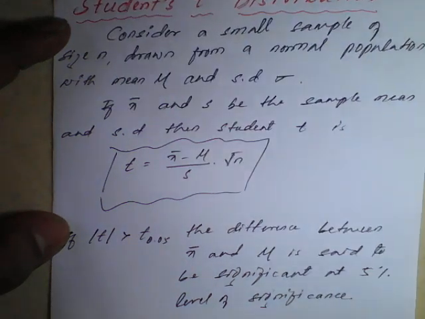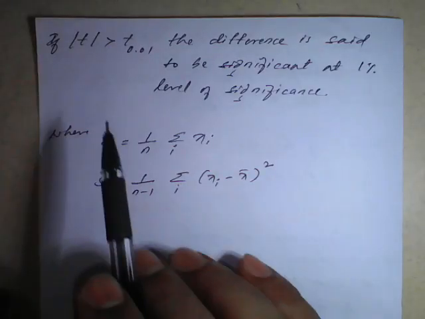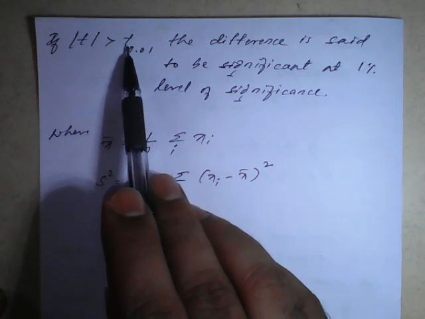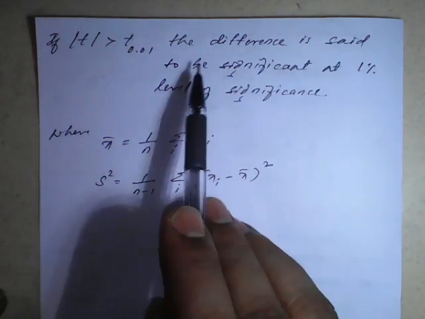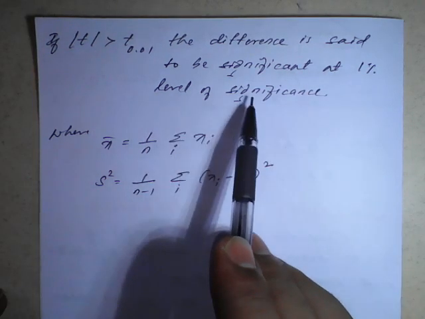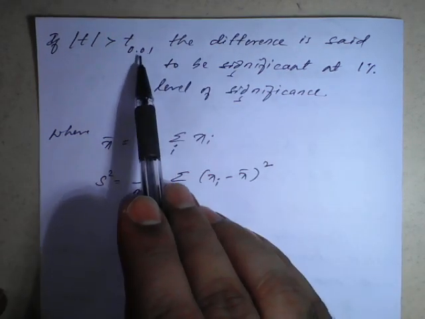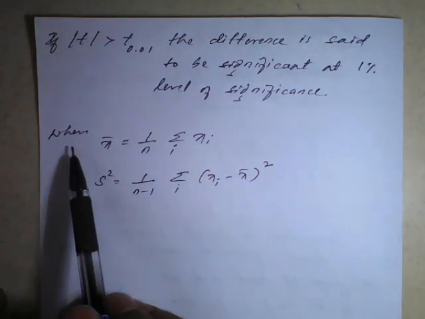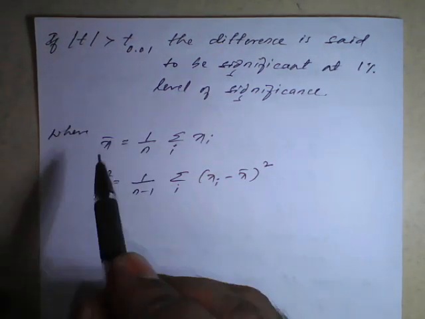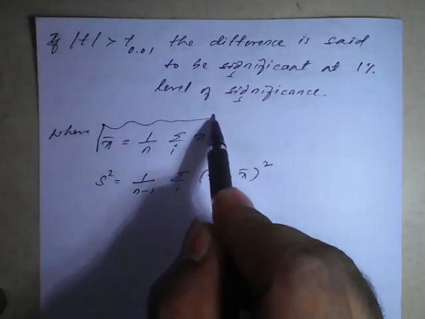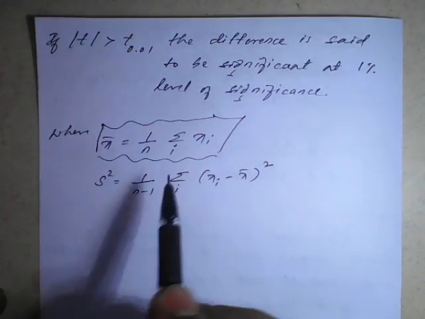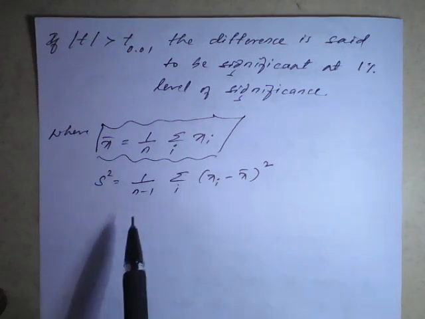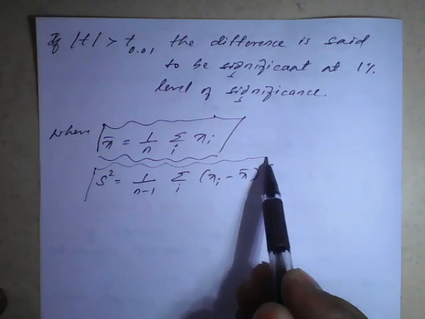Next, similarly, if mod of t is greater than t of 0.01, where t stands for student t, the difference is said to be significant at 1% level of significance. We will see the value from the table, then we can confirm. In the t formula, x bar is given as 1 upon n summation of xi, and we divide by s.